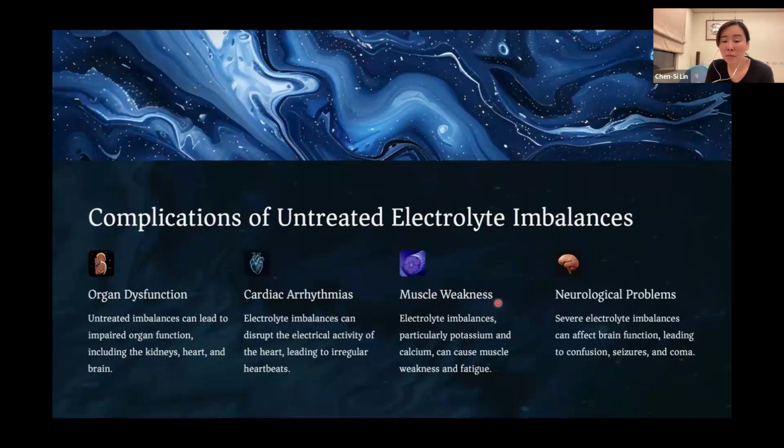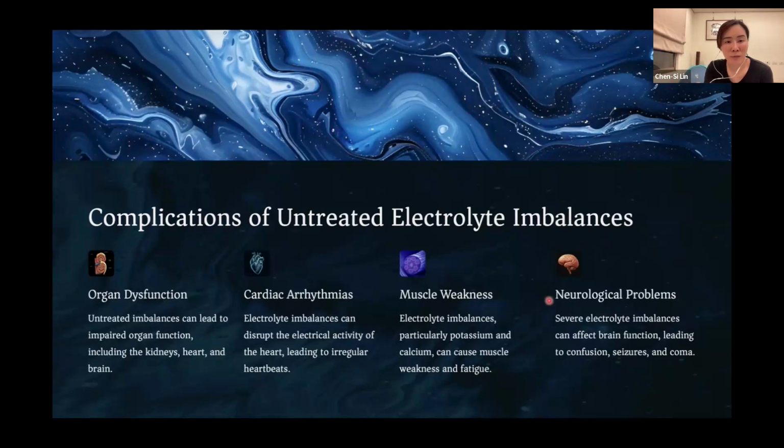Potassium, sodium, calcium, and magnesium are important to maintain the normal contraction and relaxation of muscle. So if electrolyte imbalance occurs, it will result in muscle weakness.